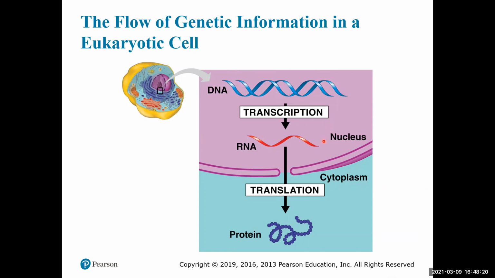It's transcribed into RNA, which also happens in the nucleus. That RNA molecule is modified and then leaves the nucleus via the nuclear pore and travels into the cytoplasm, where ribosomes will read that RNA molecule and build a protein based off of the information that's stored in that RNA molecule.